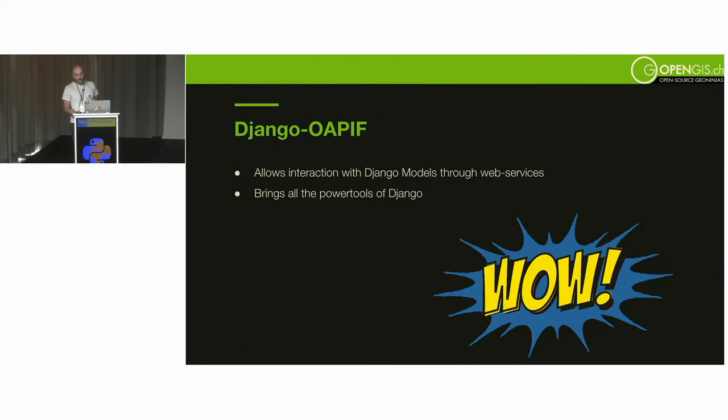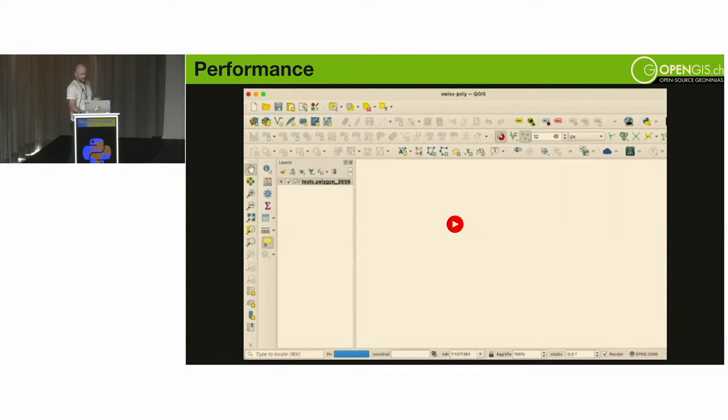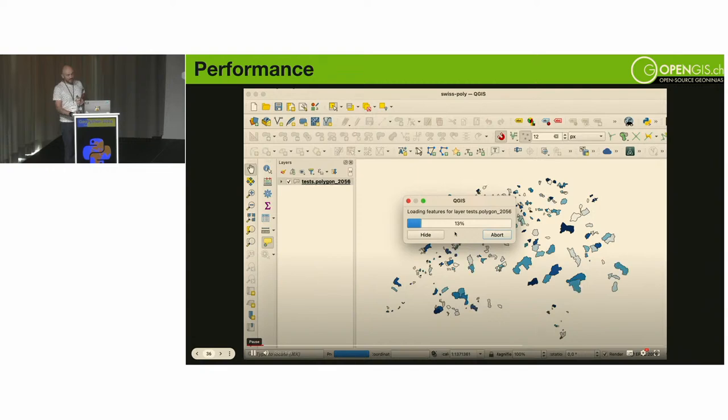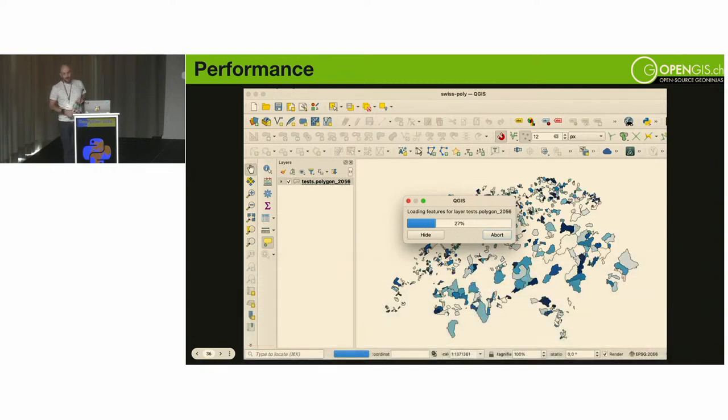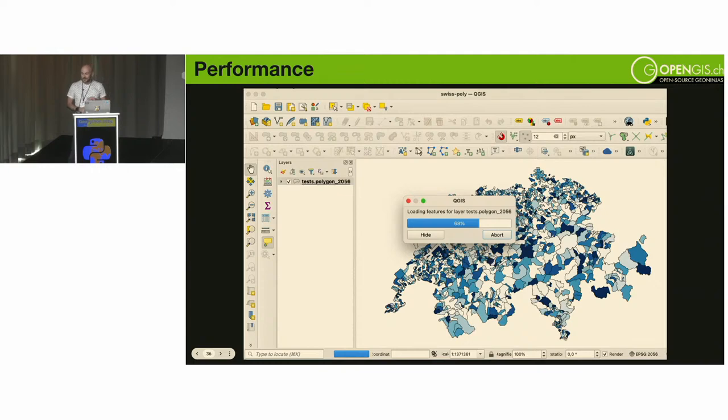We would be super happy, but of course there are some drawbacks. And the first drawback is what you're going to see here. So I have a polygon layer of the Swiss municipalities, and I open it in QGIS, and that's not super snappy. We've been talking about millions of points shown in 3 seconds in the former talks.